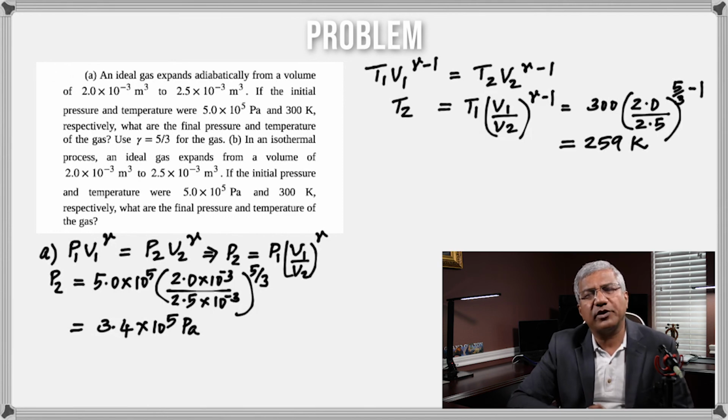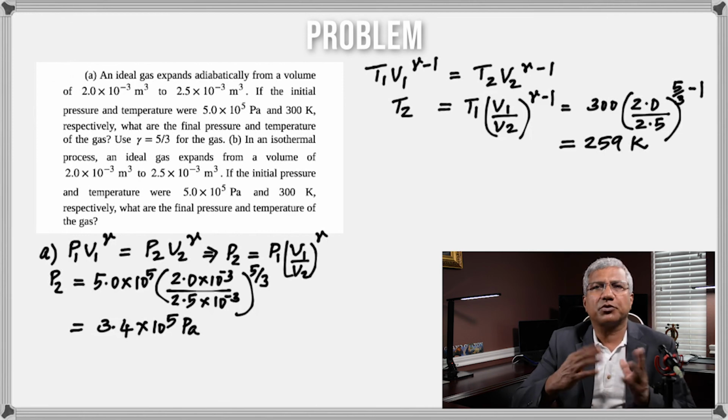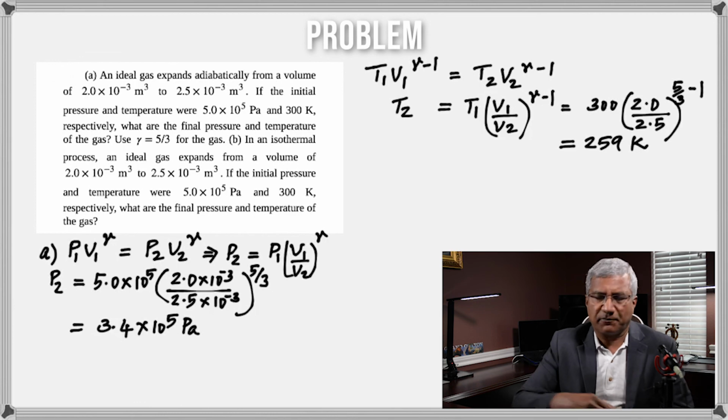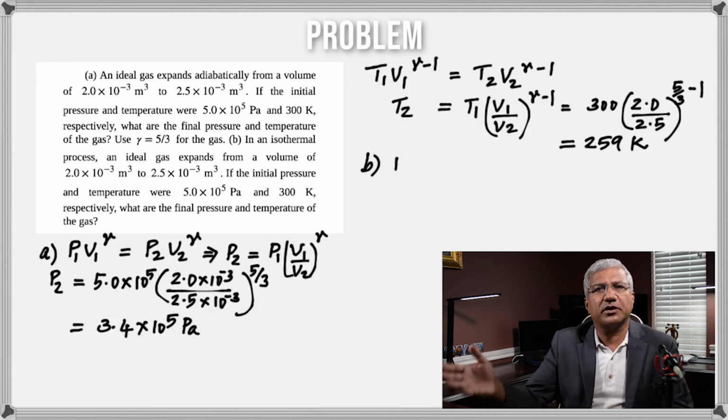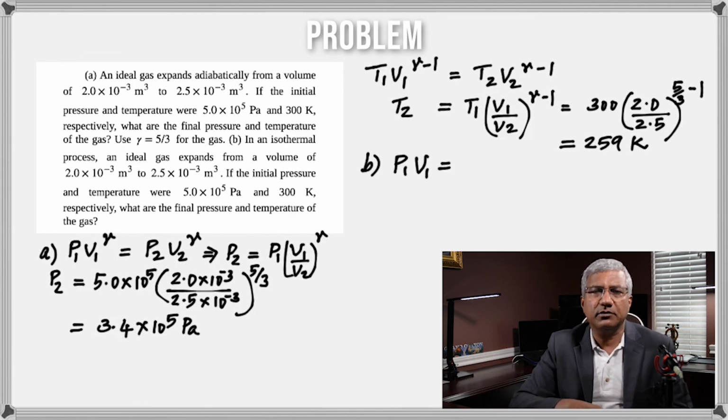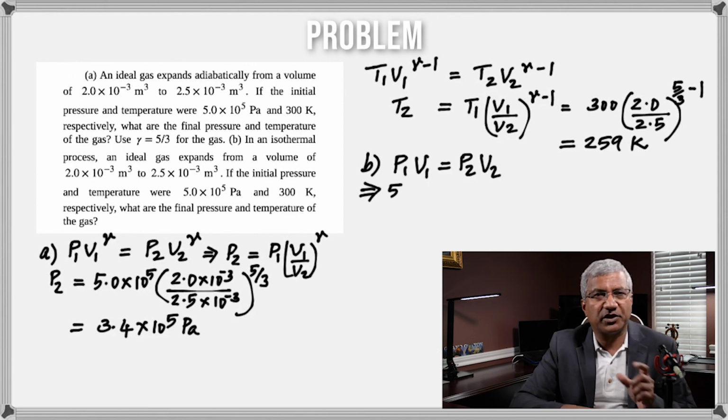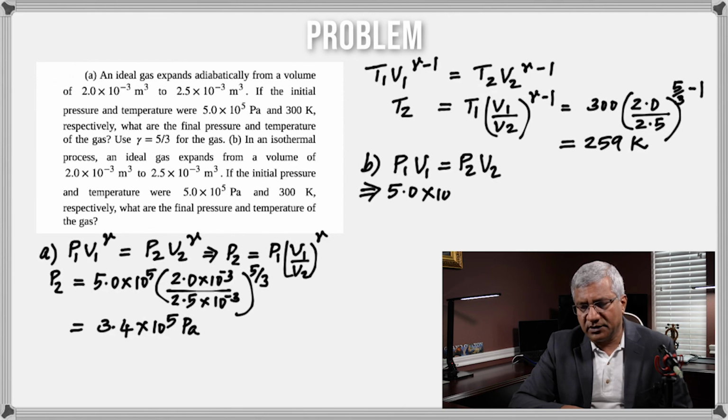And now how do we find the final pressure? We use the isothermal equation. What is the isothermal equation? That is the Boyle's law equation, which is pressure times volume is a constant. So we would go P1 V1 is equal to P2 V2. See, the gammas are missing, remember that? And then calculate the final pressure.